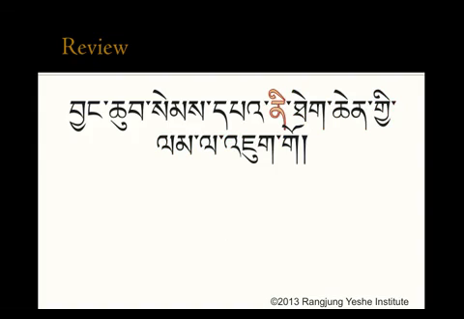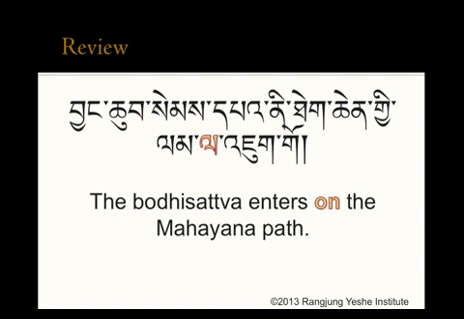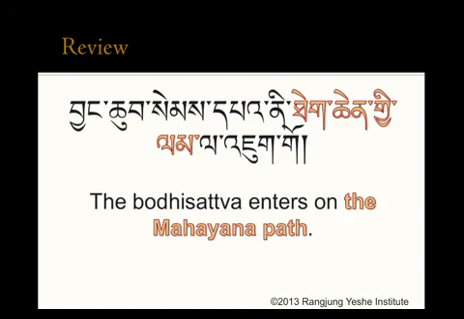To the left of that, we find ni. So now we know that the subject is coming. And what do we find for the subject? Changchup sempa, bodhisattva. So now that we have the subject, we can say the bodhisattva enters on the Mahayana path.